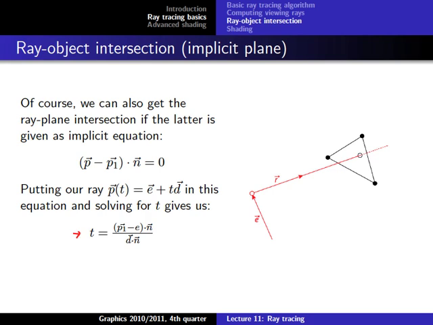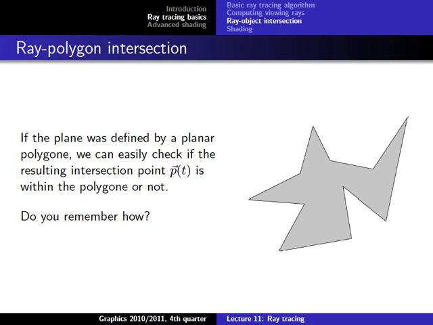If we have the intersection point, of course, an easy way to check if it intersects with a triangle or in general a polygon is, and I hope you remember that because that was just last lecture 2 days ago, that we talked about that, but it's good that it shows up here because someone made me aware last time that there is another special case that I forgot to tell. I told you last time if we want to check if a point is inside a polygon or not, we just shoot a ray in a random direction.